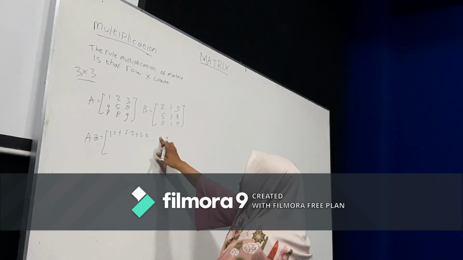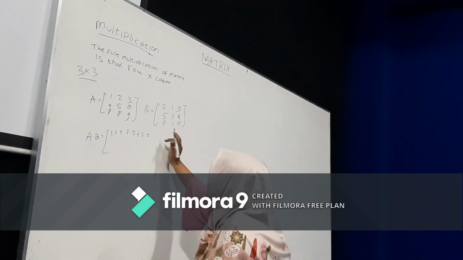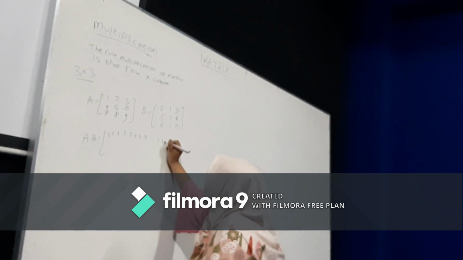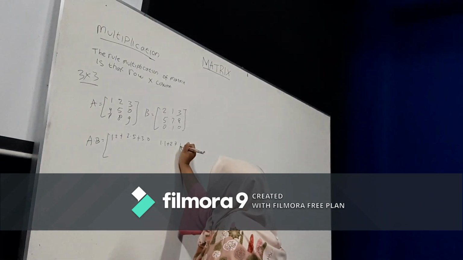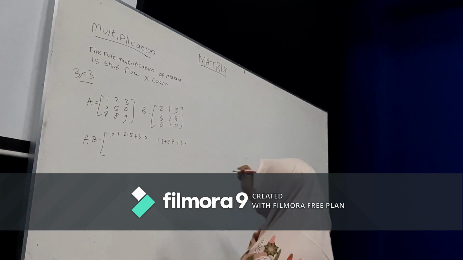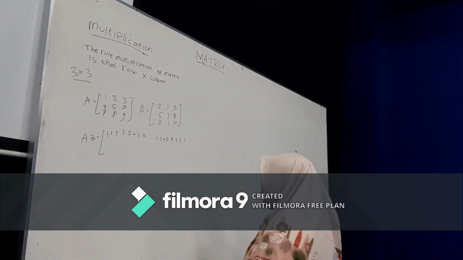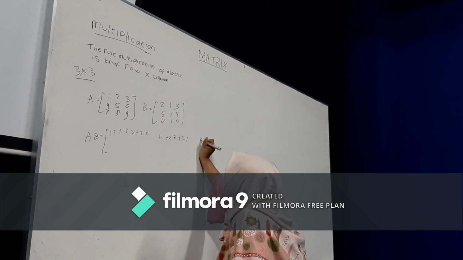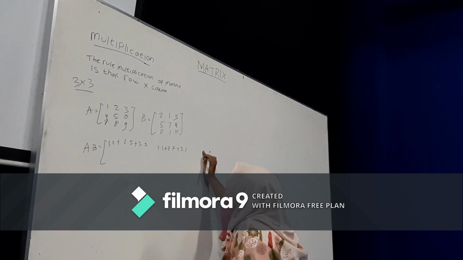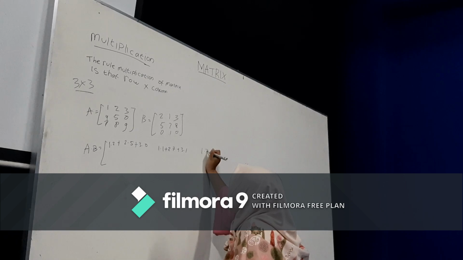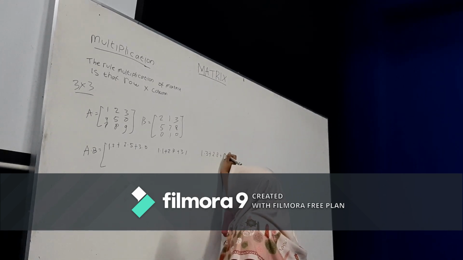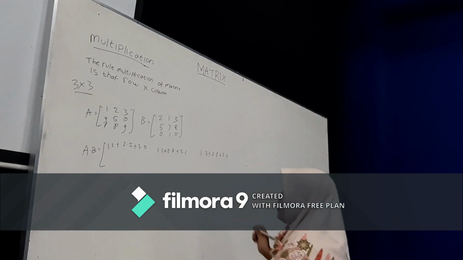For first row, second column is 1 times 1 plus 2 times 7 plus 3 times 1. For first row, third column is 1 times 3 plus 2 times 8 plus 3 times 0.